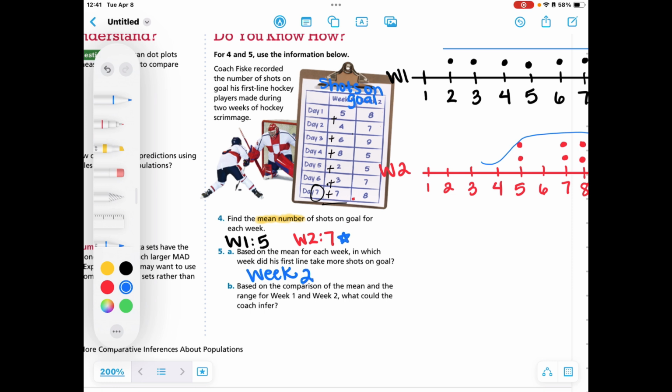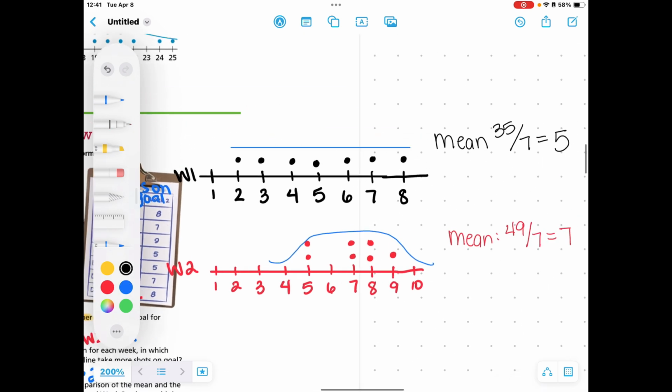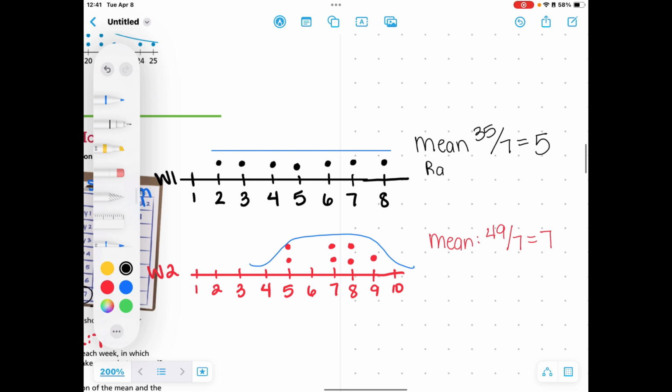Now, based on the comparison of the mean and the range for week 1 and week 2, what could the coach infer? So now we're looking at range values. Now range value I actually think is a lot easier than the mean. You just take your highest value, for us it's going to be 8, and subtract it by the lowest value of 2. 8 minus 2 is just 6.